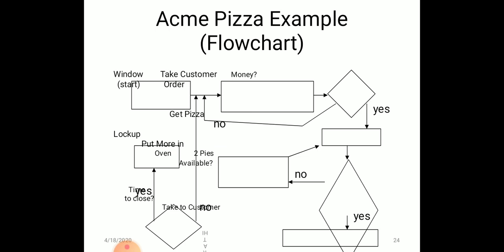Okay, now the same example which we have seen in the last two lectures, the Acme Pizza Store example, is taken for consideration here. In this, first is the window, where in brackets start is given. The customer gives the order there, so that's a process, which is why they have used a rectangle symbol there. Then the customer goes to pay the bill, and money is given in that rectangle, and in between there is an arrow, that means it is flowing, that's the flow of the process.